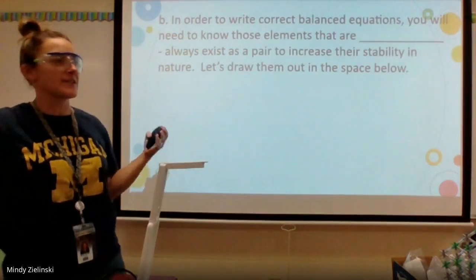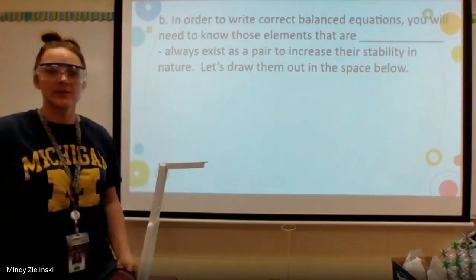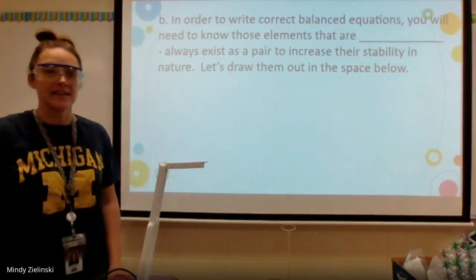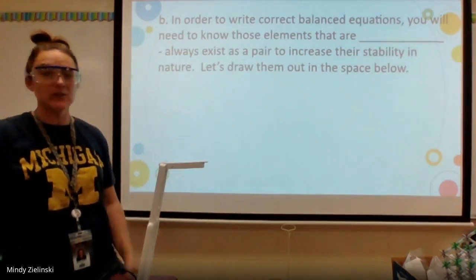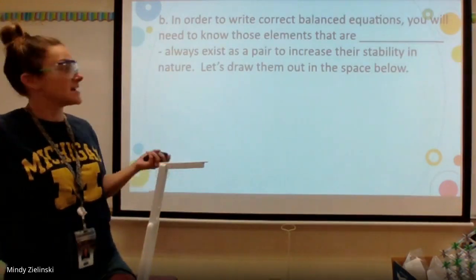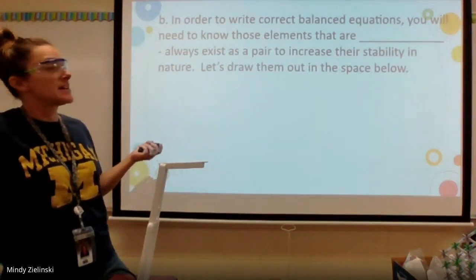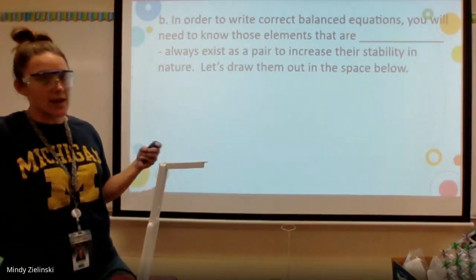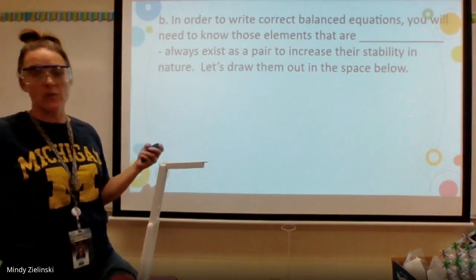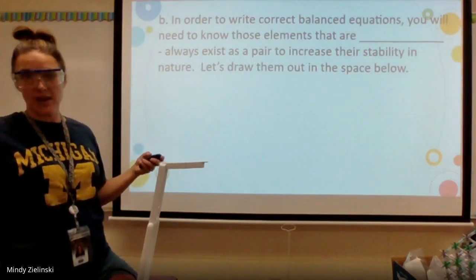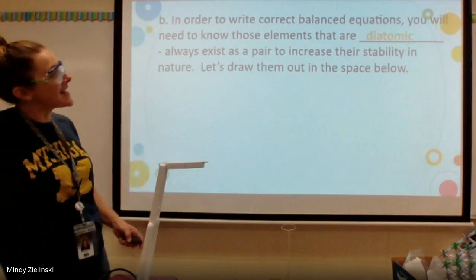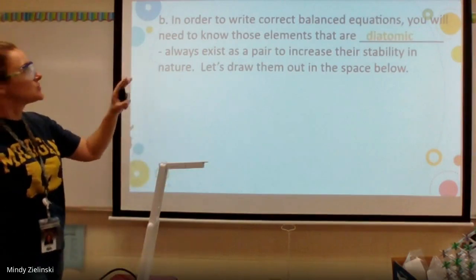Like, do you ever have that friend that has to go to the bathroom and she's like, come with me. They can't go to the bathroom by themselves. I don't know. I call them diatomics because there's these elements that are the same way. These certain elements you'll never find by themselves in nature. They're always bonded with another atom of the same type, and they're called diatomic. Di meaning two, so two atoms.